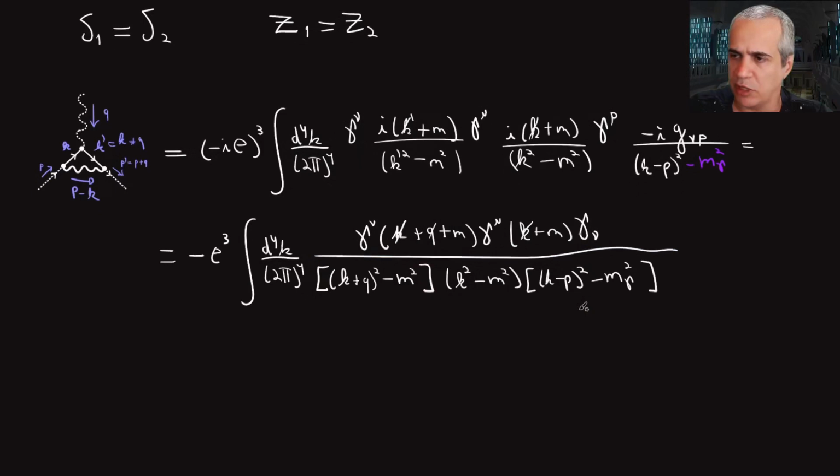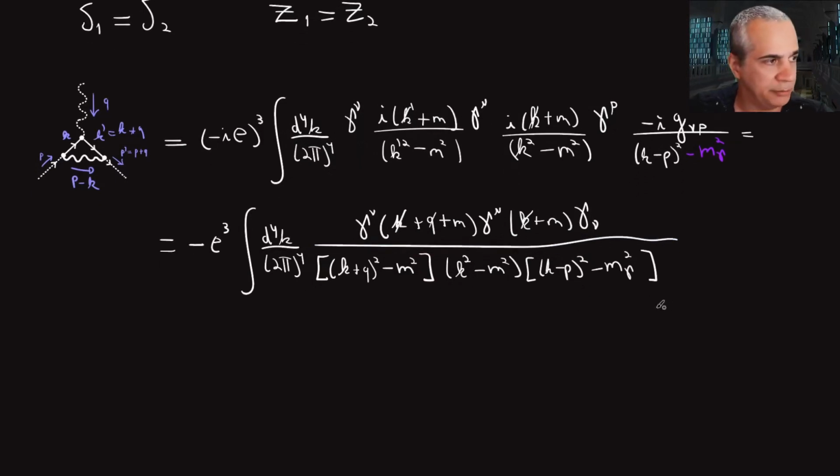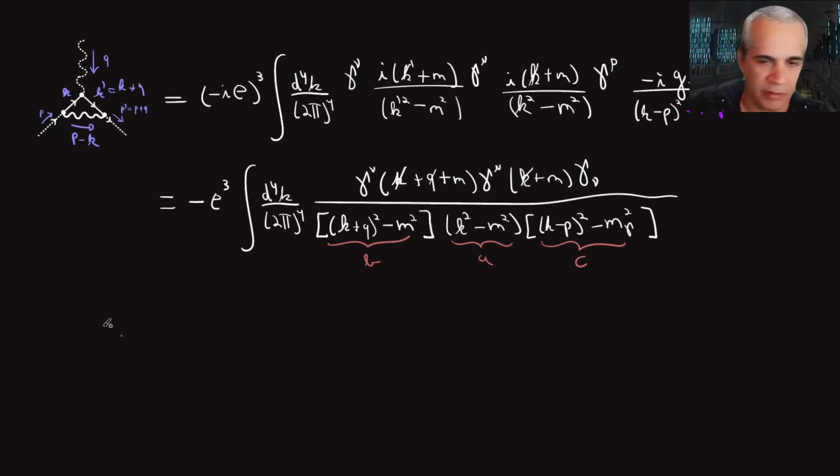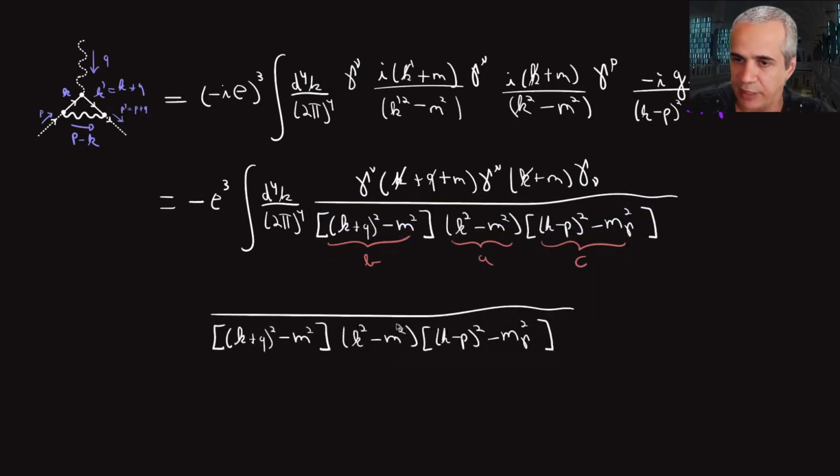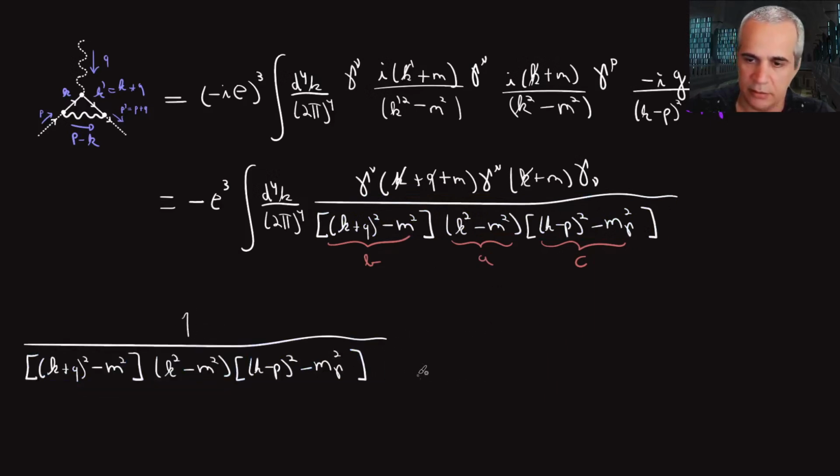So now I want to use Feynman parameterization for this expression. I'll call this guy A, this guy will be B, and I will have C here, just to organize things. And I can rewrite this fraction as an integral over 3 Feynman parameters, which I'll call x, y, and z.